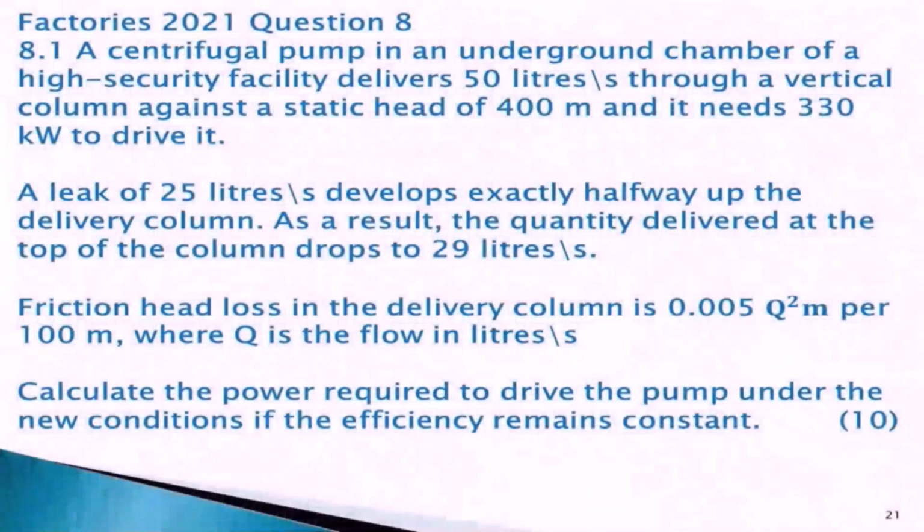Now, if you check the equation, it says a leak of 25 liters is developed exactly half up the delivery column. As a result, the quantity delivered at the top of the column dropped to 29. So frictional head loss is given to you. Calculate the power required to drive the pump under the new condition if the efficiency remains constant.